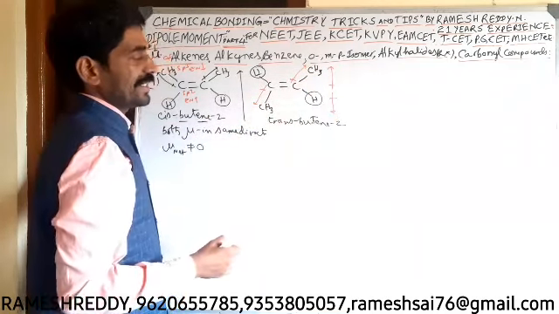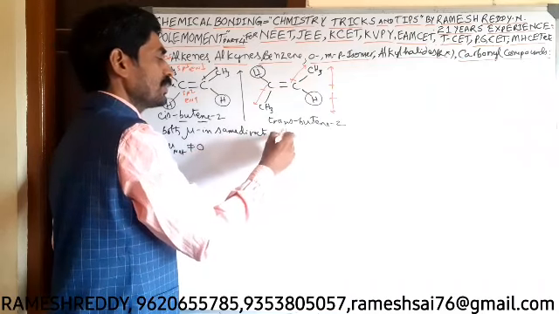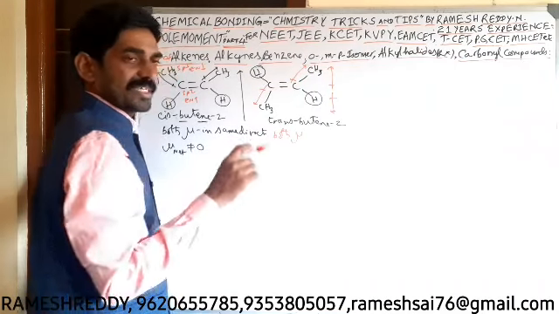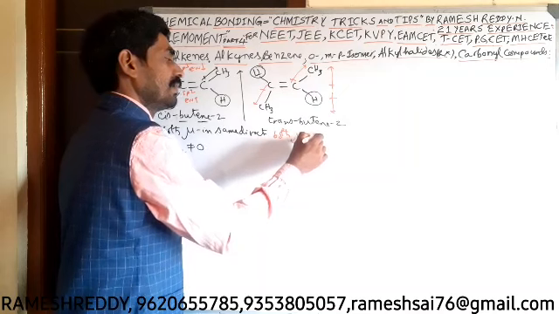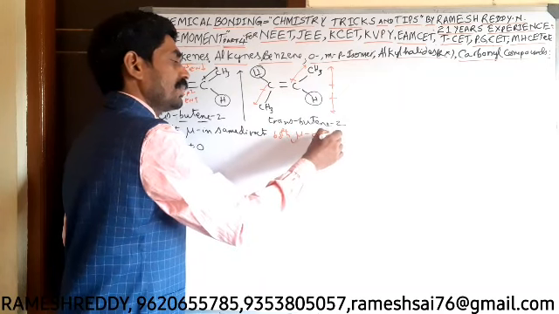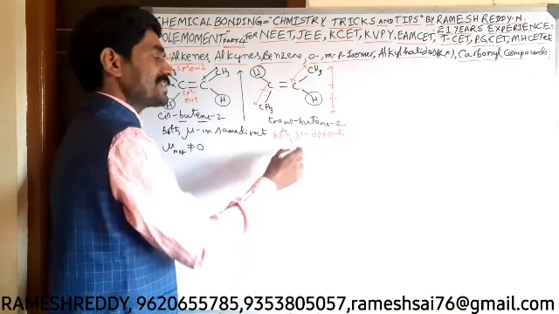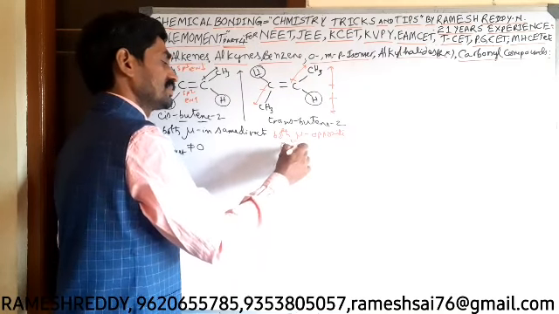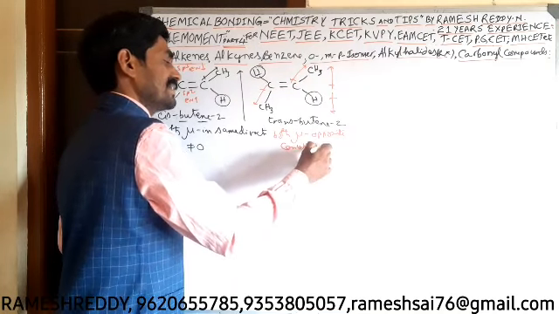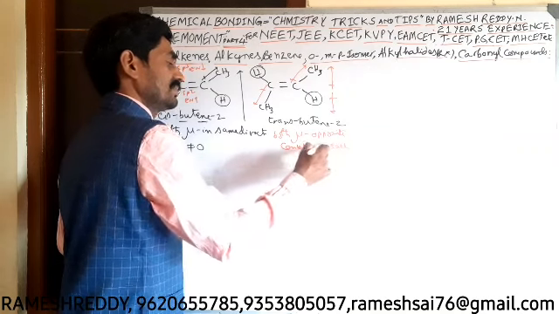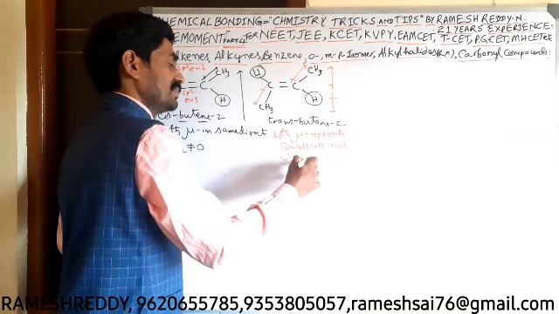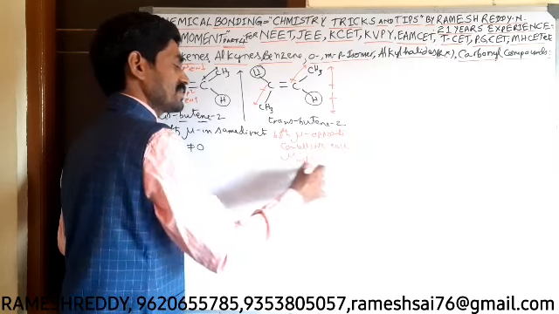Both dipoles have the same magnitude but operate in opposite directions, so they cancel each other. That's why the net dipole moment is 0.